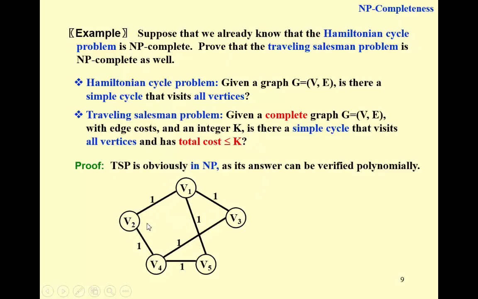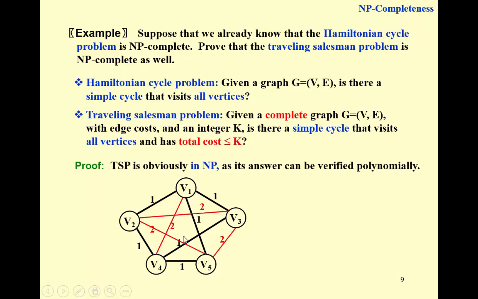And then let's make it a complete graph by adding some new edges, and we assign the weight 2 to all those red edges. Those red edges were not in the Hamilton cycle problem, but they are in the traveling salesman problem. And that takes only polynomial time to do, right?